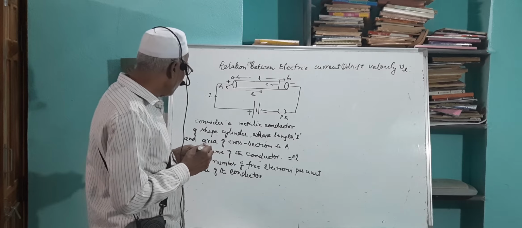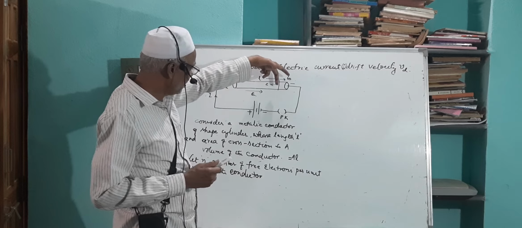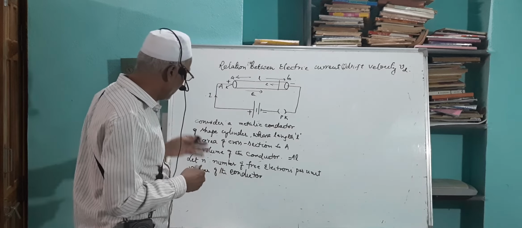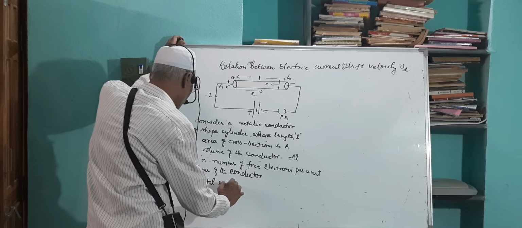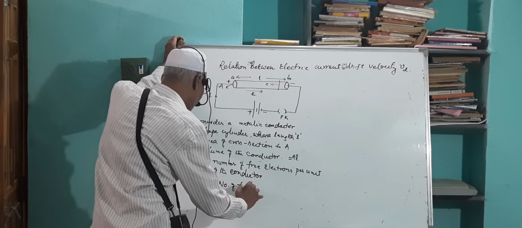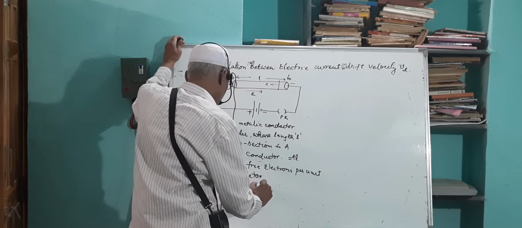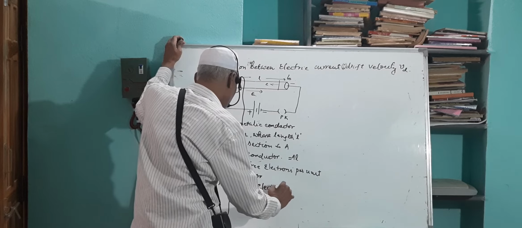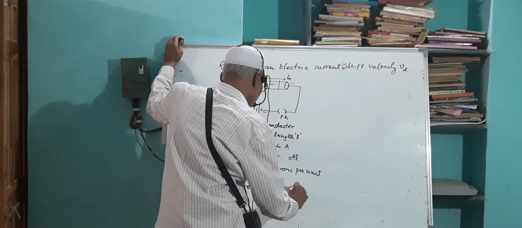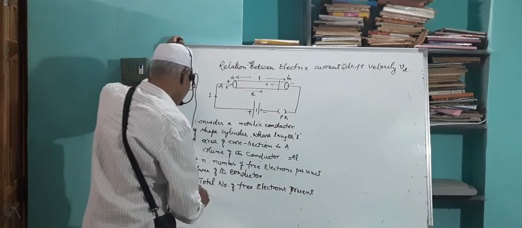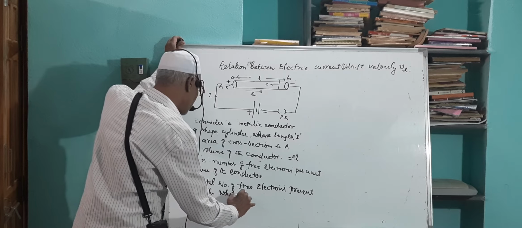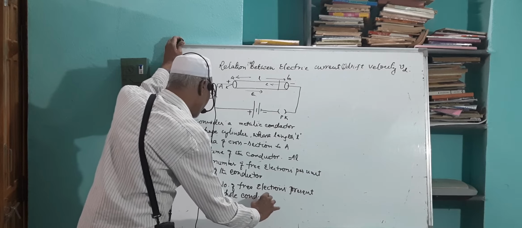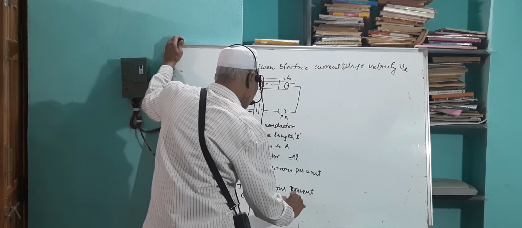Now let me know how many electrons there are. The total number of free electrons present in the whole conductor is equal to n times AL.